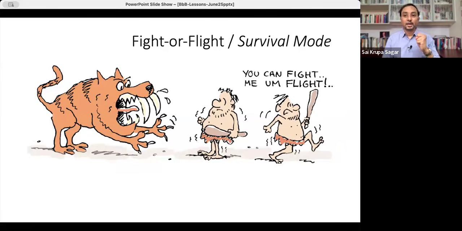Could be wild animals in the forest, could be lightning, could be beasts, right? So that is when people used to fight or flee, or run away, and automatically the body evolved that way. And after the danger went away, bodies came back to rest and digest mode. That is the ideal way of working.